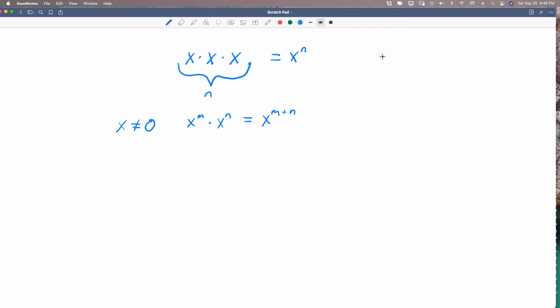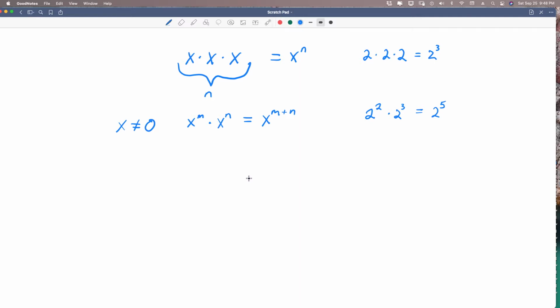An example of this one is 2 times 2 times 2 equals 2 to the third power. So we have 3 2's here. An example of the other one is 2 squared times 2 cubed equals 2 to the 5th power, because we added 2 and 3.